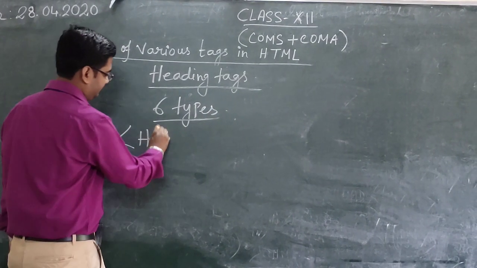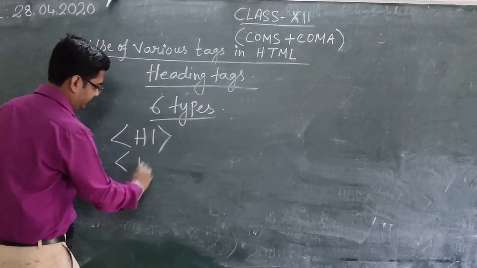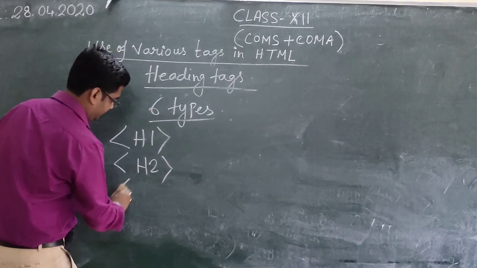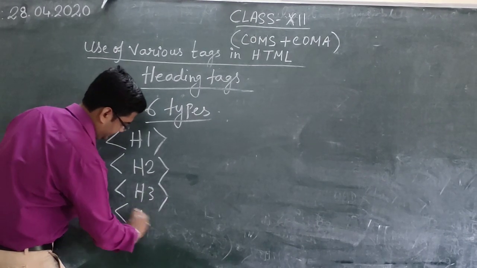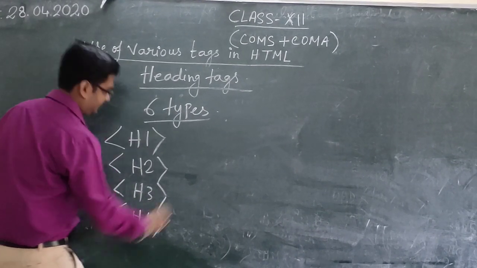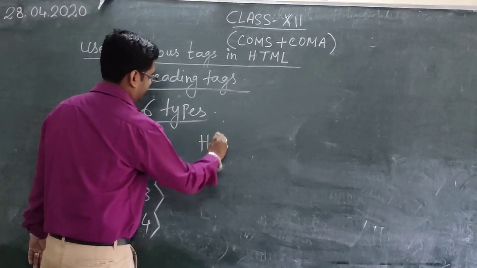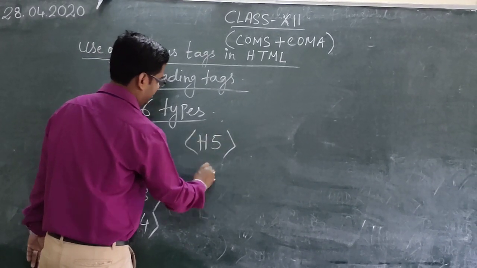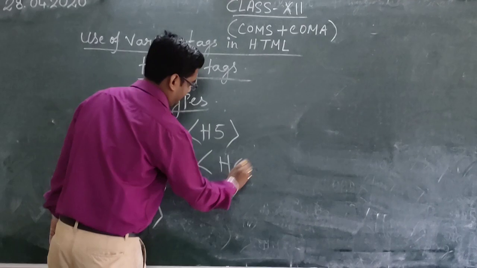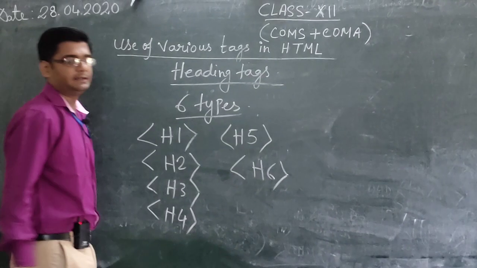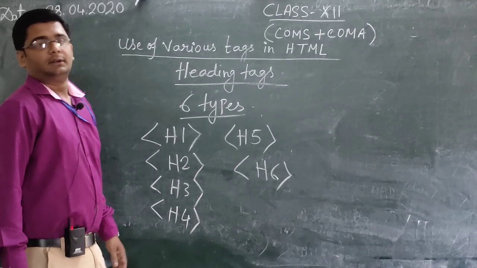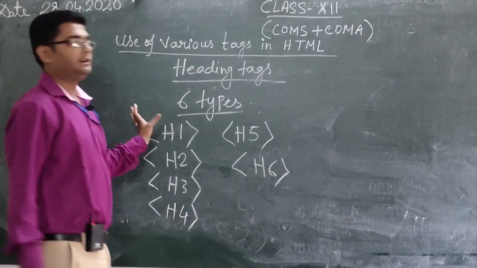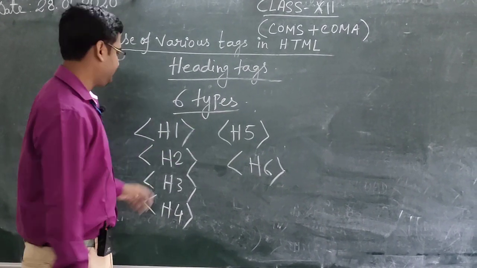First one is H1, next is H2, H3, H4, H5 and H6. There are 6 heading tags. Each and every heading tag is a container tag, that means we have to close the heading tags respectively.